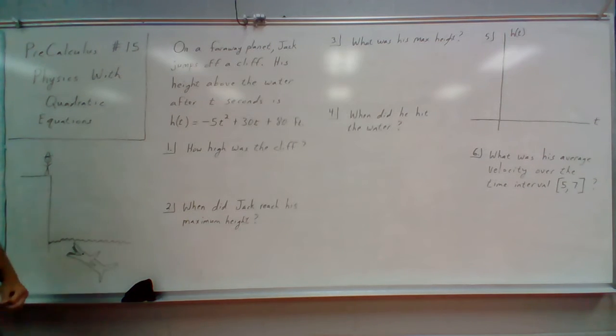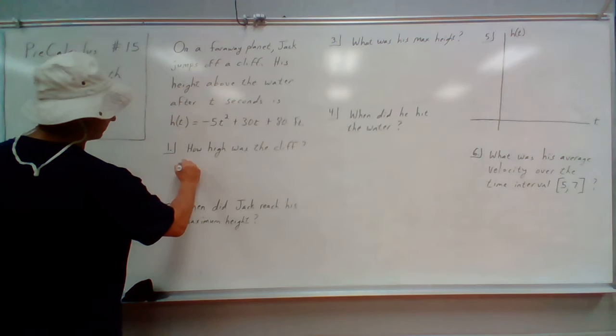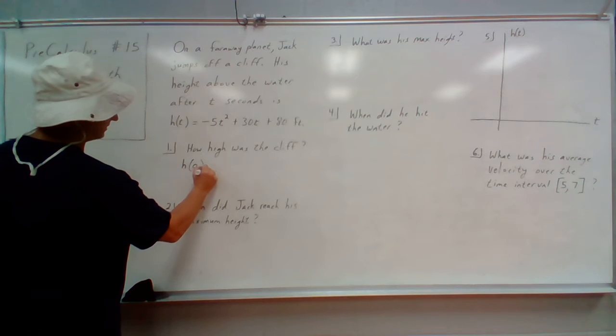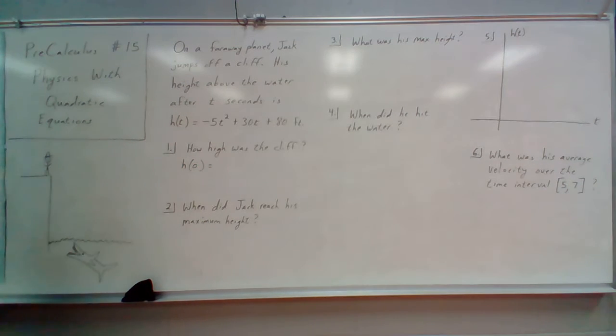So we want to plug 0 in for t. We're wanting to find h of 0. At 0 seconds after he jumped, that would give us where Jack was standing, which was the top of the cliff, and that'll tell us how high the cliff was.